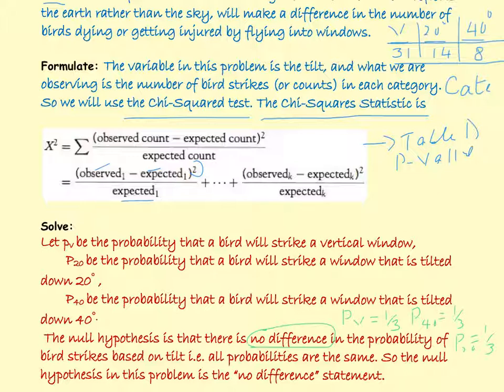The fraction of bird strikes in each bucket should all be the same, which means that the probability that a bird strikes on the vertical window must be equal to the probability that the bird strikes in the 40-degree window, must be equal to the probability that the bird strikes in the 20-degree window, which means each probability or proportion must be equal to 1/3.